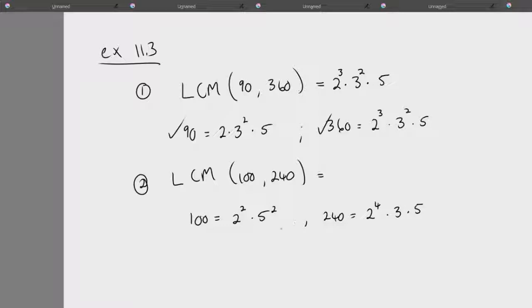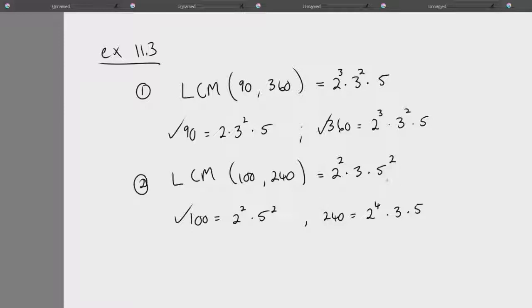All right. Now, 100 says I'm going to need a 2 and a 5. 240 says, oh, I need a 3 as well. 100 says, I don't care about your 3, but I need to see 2 2s, 2 5s. Now I'm good.